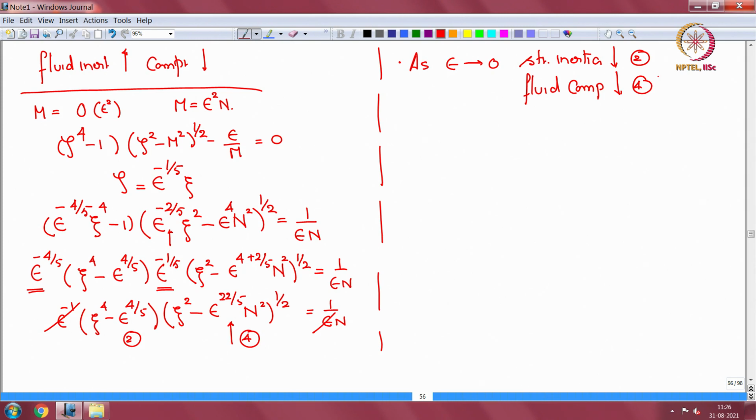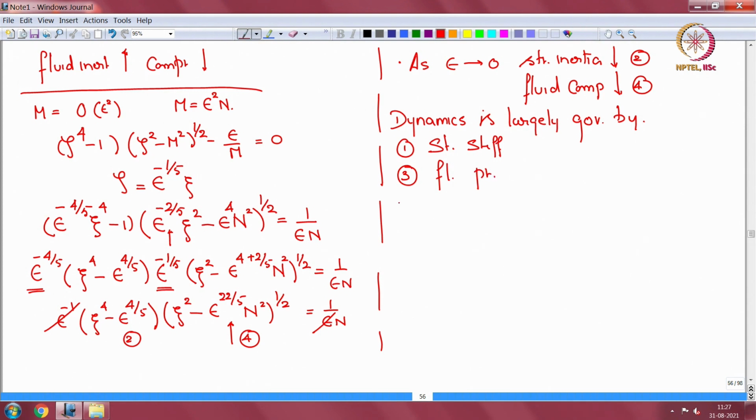And the dynamics is largely governed by 1, which is structural stiffness, by 3, which is fluid pressure, and 5, which is fluid inertia.